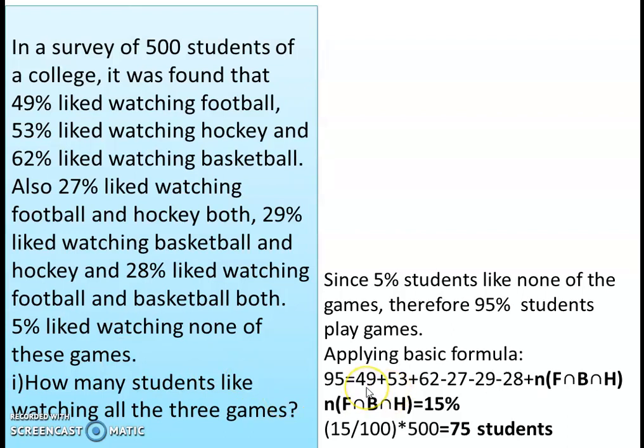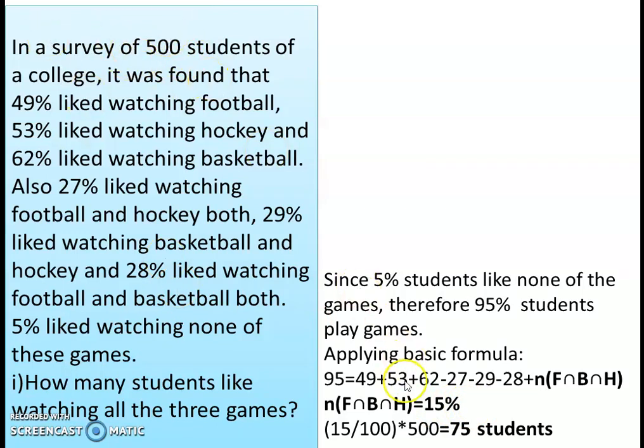So when we add the number of students who liked each game, subtract the overlapping parts, and add the number of students who like watching all the 3 games, it will give us 95. So when we calculate this, it is 15%. That means 15% of students like watching all the 3 games, and it is given we have a total of 500 students.